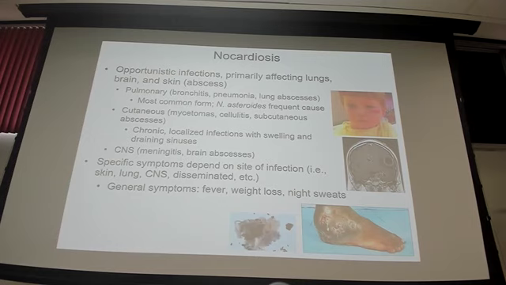This child had no underlying conditions, was a perfectly healthy child. But just as an interesting case report, he was apparently hit in the face with a toy truck, and it was breaking his skin, he was bleeding a little bit. The toy had Nocardia on the surface of it, and the bacteria got in and established infection, and he got a little abscess that formed on his cheek.